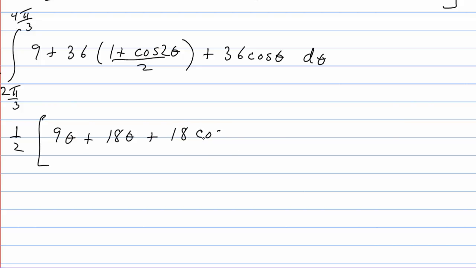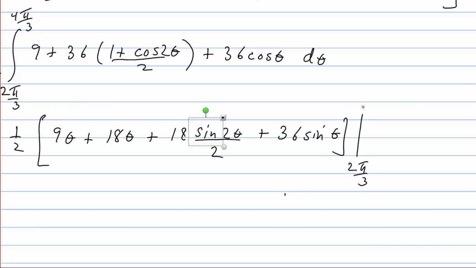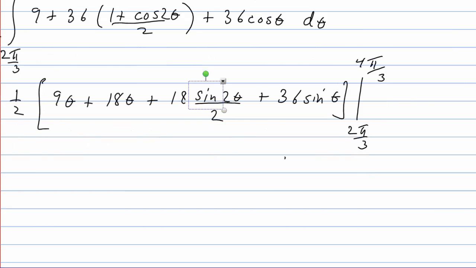The antiderivative of cosine would be sine, but because it's 2 theta, we'd actually get another 2 in the denominator. And then the antiderivative of 36 cosine theta would be 36 sine theta. And that would all be from 2 pi over 3 to 4 pi over 3.